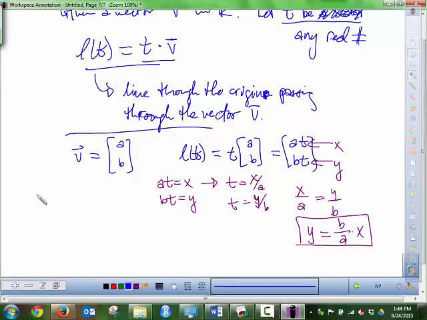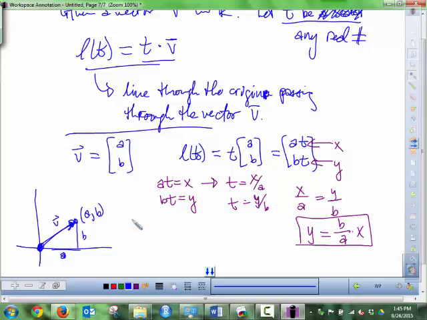Let's see if that makes sense. This is your vector v. This is the point (a, b). So what's the equation of this line going through this? The slope is the rise over run, and then the y-intercept is 0.